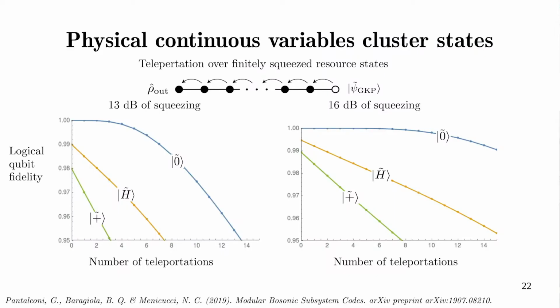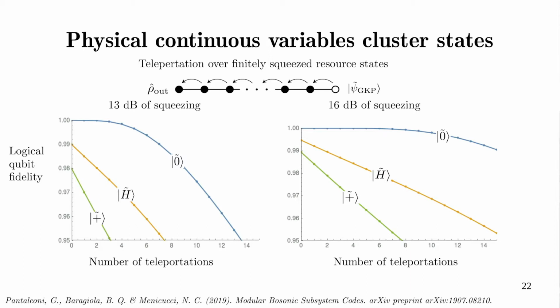What we really care about is seeing what happens with physical systems, with physical channels, physical things in general. So once again, this is an example that we picked. This example would be encoding a node with the GKP code, and then teleporting this node by just measurements.